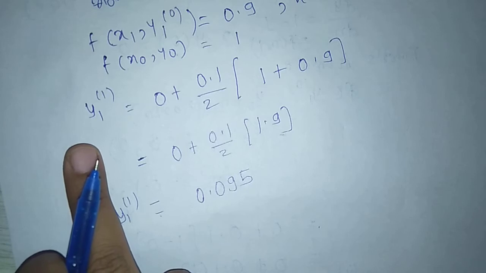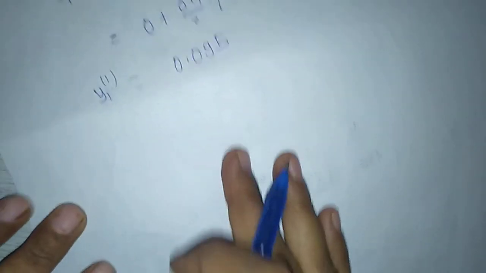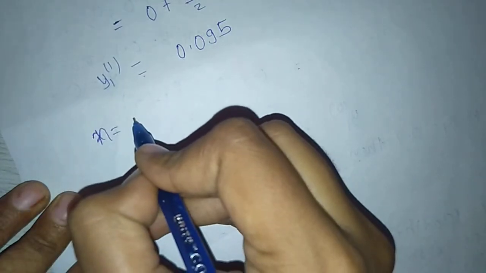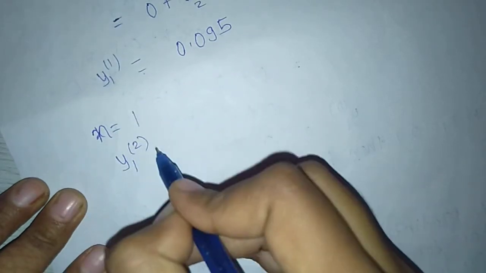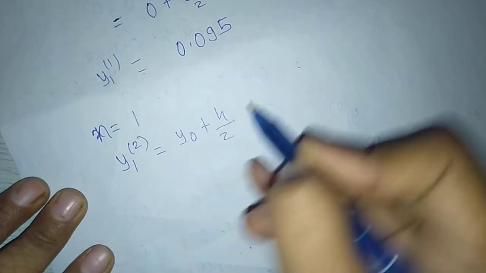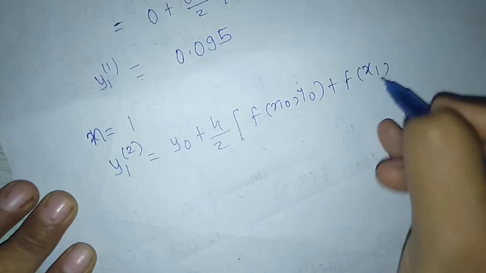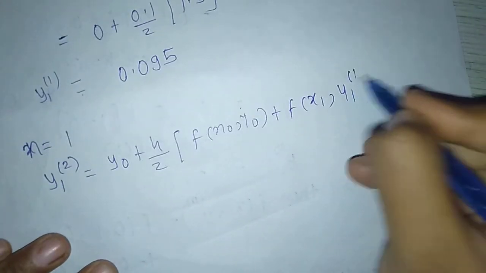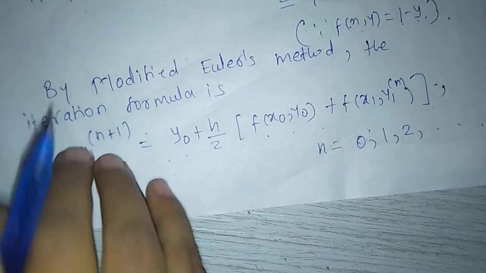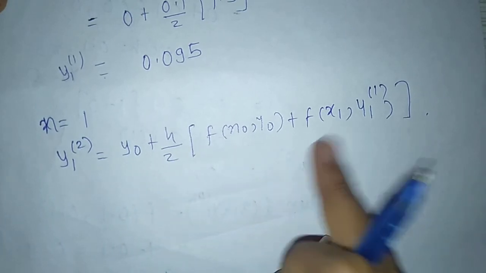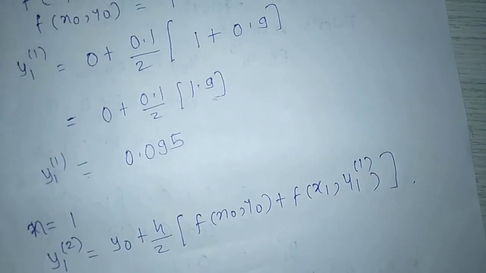Now find the second approximation of y1. For n equal to 1, y1 raised to 2 equal to y0 plus h upon 2 into f of x0 y0 plus f of x1 y1 raised to 1.